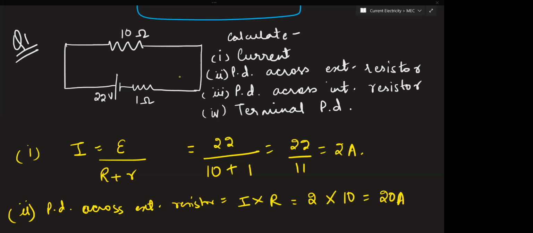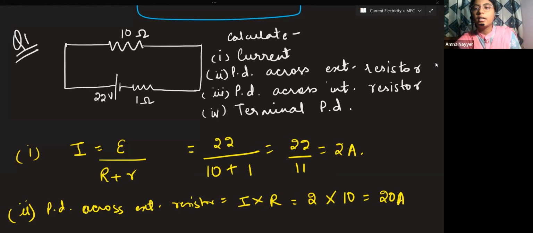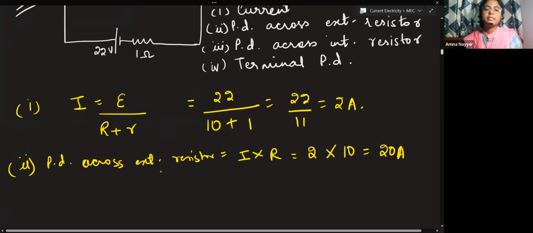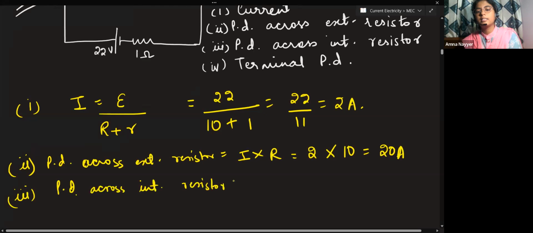I into small r. Good. So, potential difference across the internal resistor will be I multiplied by small r.